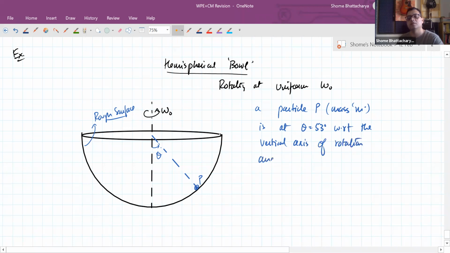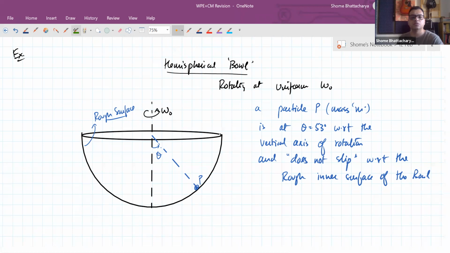Okay, and does not slip with respect to the rough inner surface of the bowl.